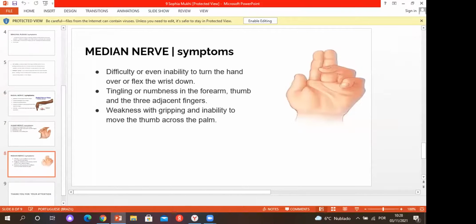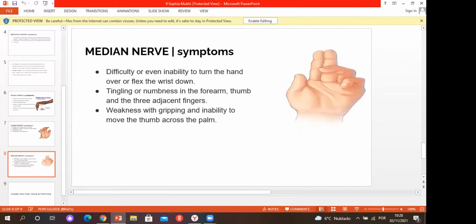Median. When there's a lesion of the median nerve, the symptoms will be difficulty or even inability to turn the hand over or flex the wrist down. That is the hand of benediction. There'll be numbness on the thumb, the forearm, and the three adjacent fingers: the thumb, the first and the second finger.